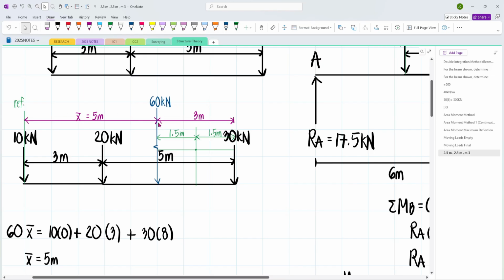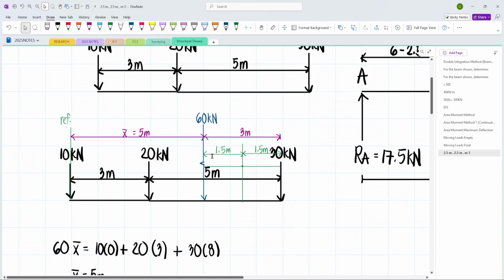Then, going to the 30 kilonewton load naman, we only have a distance of 3 meters. So, di ba, mas malapit yung 60 kN load dito sa 30 kilonewton load. So, gagawin natin, ilalagay natin yung 30 kilonewton load doon sa right support. Kasi ito kasi yung nasa right extreme end.